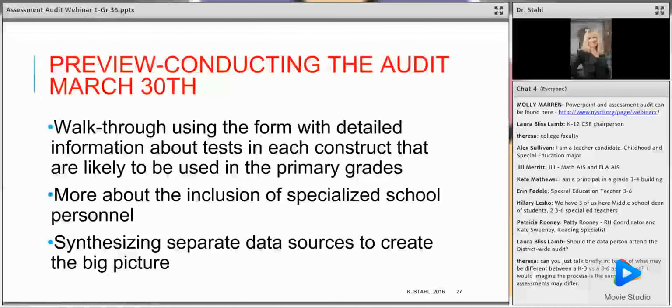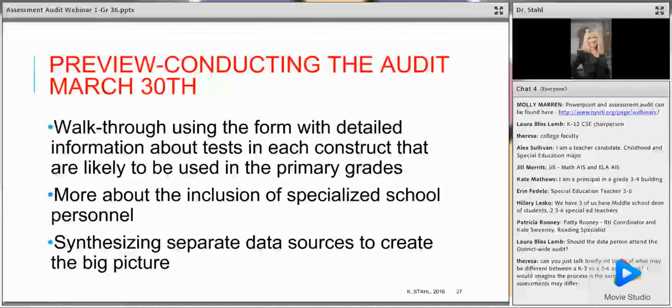And so that's why the process looks the same, but for you folks in grades 3 through 6, it gets very, very murky. And that's exactly what we're going to be talking about, that murkiness of it, on March 30th.